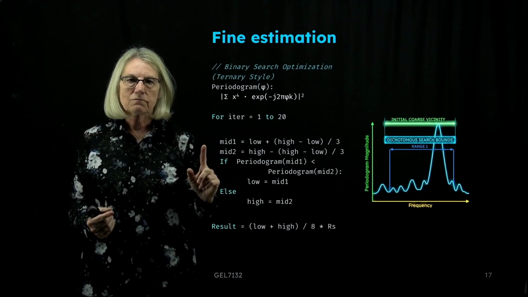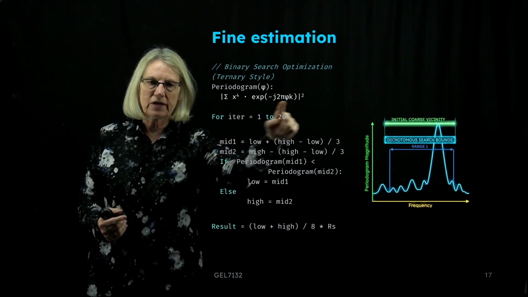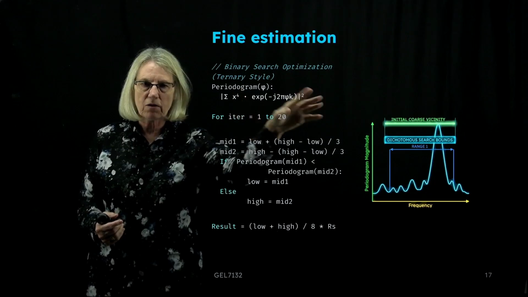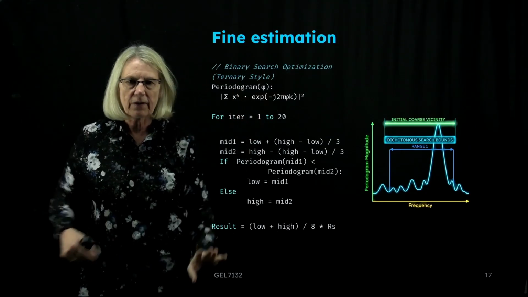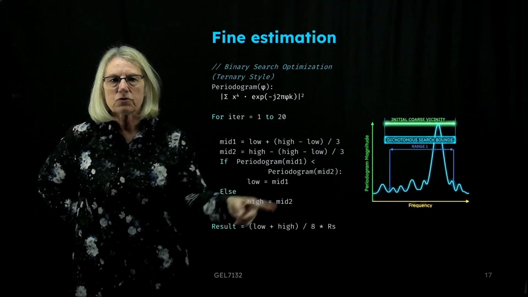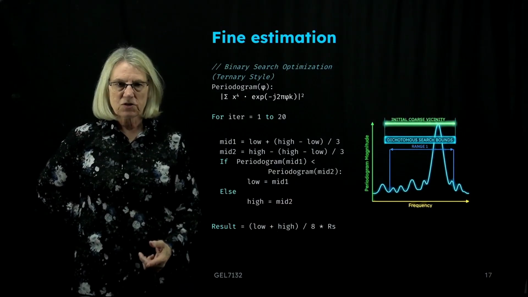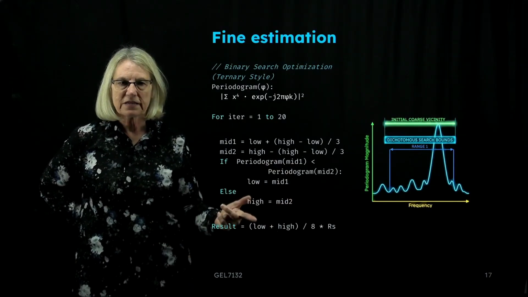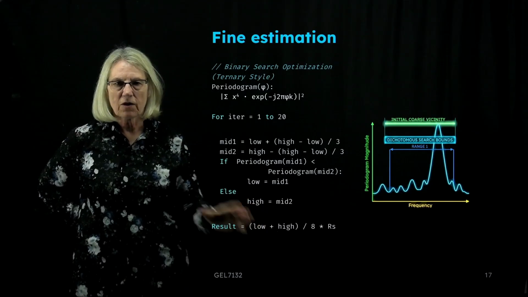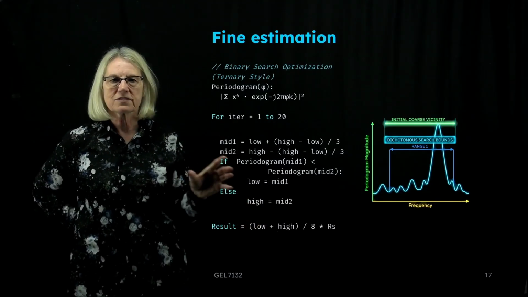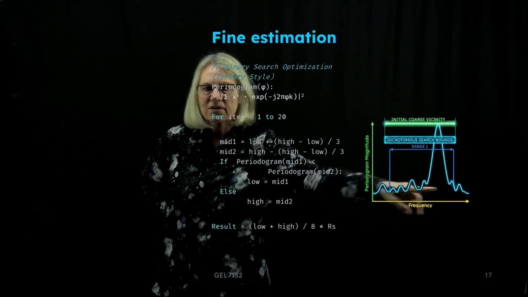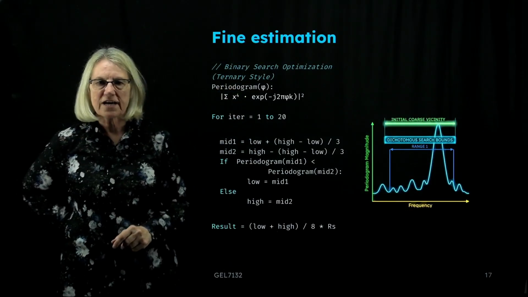So I take the signal to the fourth power and do this periodogram, and then I use an iterative method around the coarse estimation. I have the original coarse estimate. I have a certain range, and I think the true value is somewhere in this range that I got from my coarse estimate.